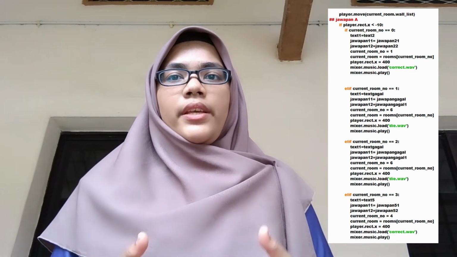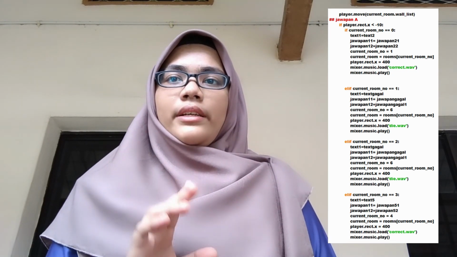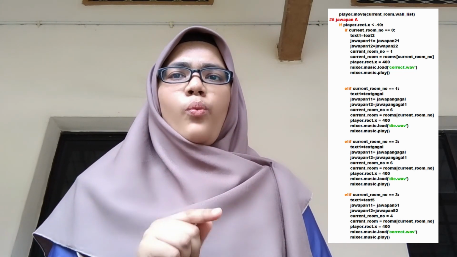If the player goes to the left or top side room, if the answer is correct, go to the next room. But if the answer is wrong, go to the game over room. For the game over room, we have put one tag for game over to other rooms.